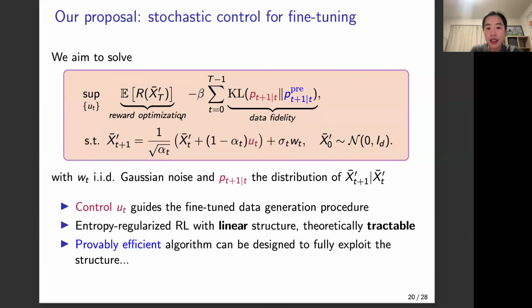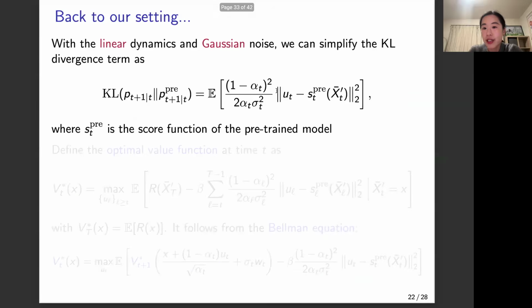Okay, so with this, we can see that this is a special case of the general stochastic control framework one usually considers, because the dynamics depends linearly on the control u_t here. And if we take a closer look at this KL function, it can be written as a quadratic loss function on the difference between the control and my pre-trained score function.